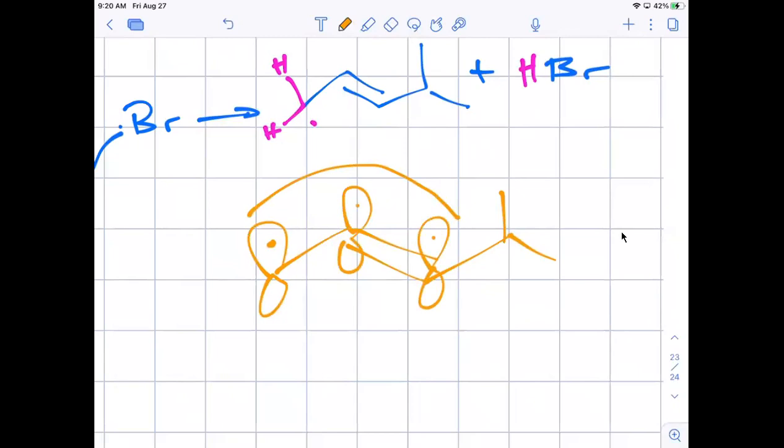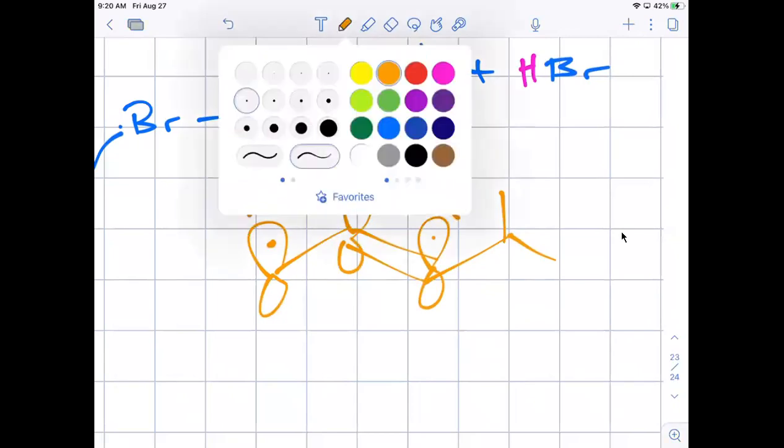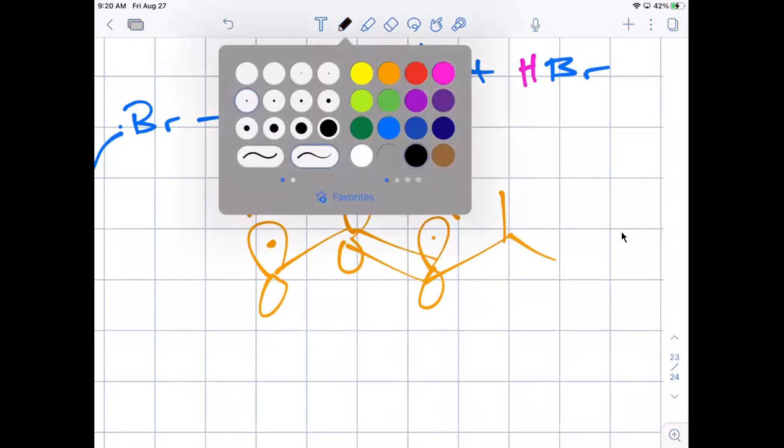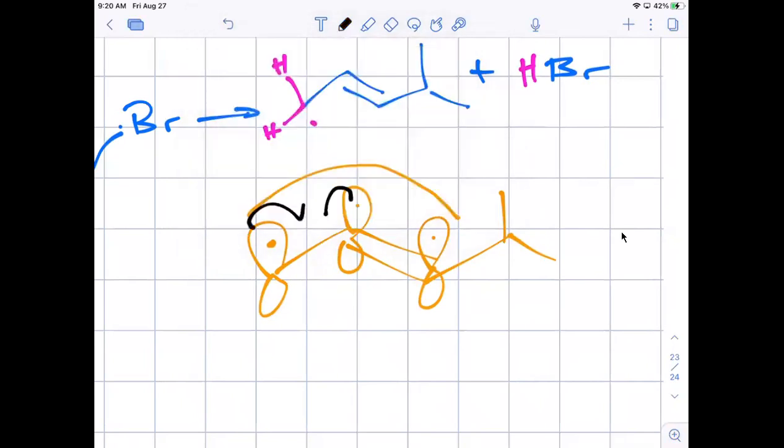That's why I can put resonance arrows in here, because those orbitals are aligned in such a way that they can overlap, so they can share electrons between them.